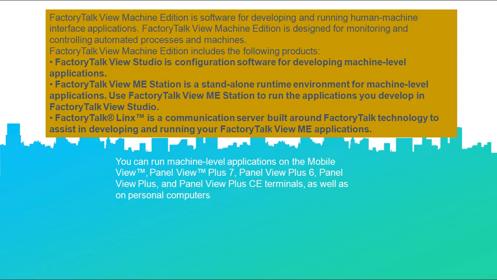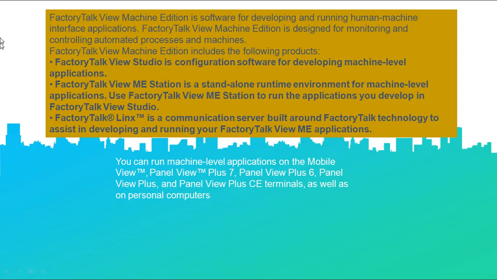First is FactoryTalk View Studio, which is configuration software for developing machine-level applications. FactoryTalk View ME Station is a standalone runtime environment for machine-level application. Use FactoryTalk View ME Station to run the application you develop in FactoryTalk View Studio.